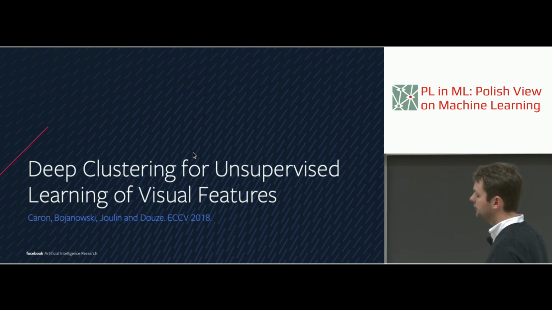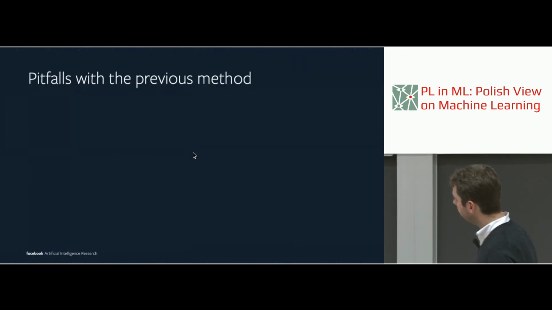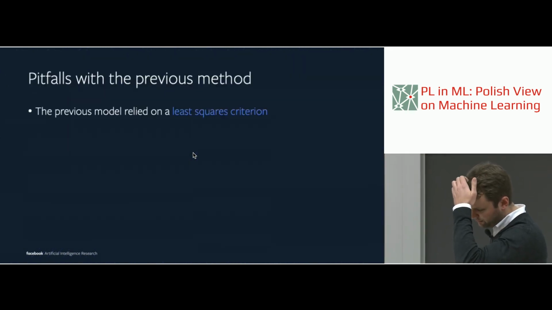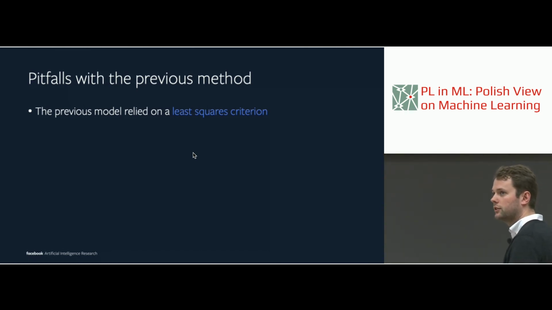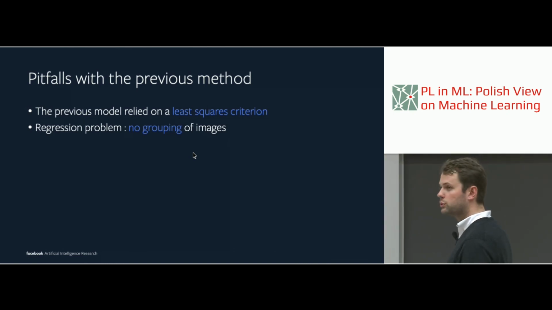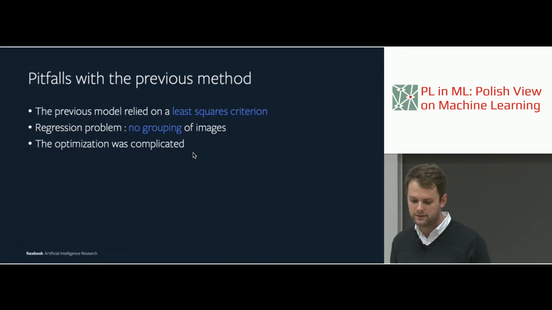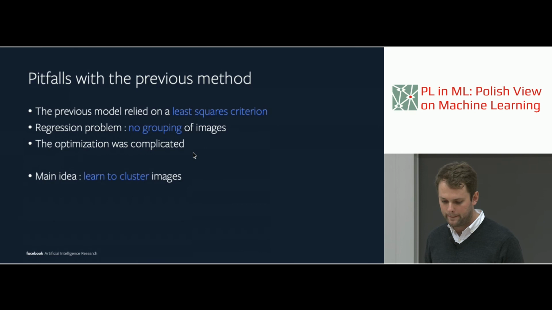And following that, we wanted to improve this model for the following reasons. The previous model was relying on the least squares criterion and had a kind of regression model inside. There was no grouping of images. And the optimization, because we had to optimize this permutation matrix block by block, was actually quite complicated.